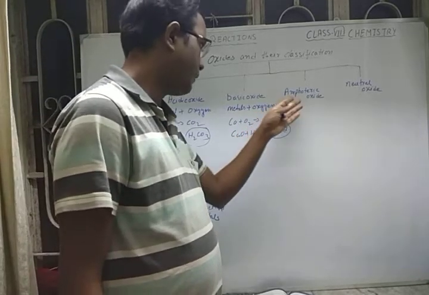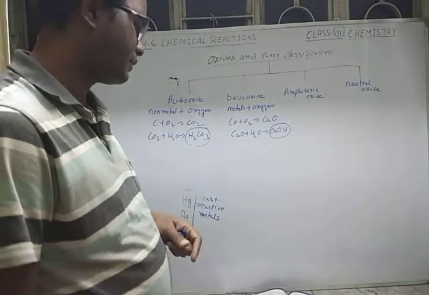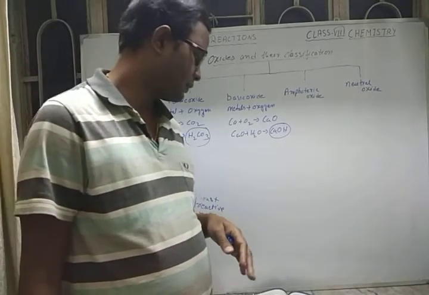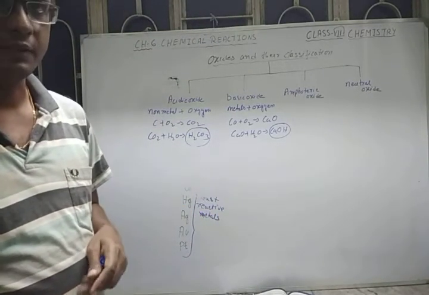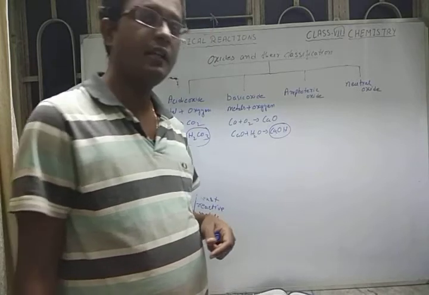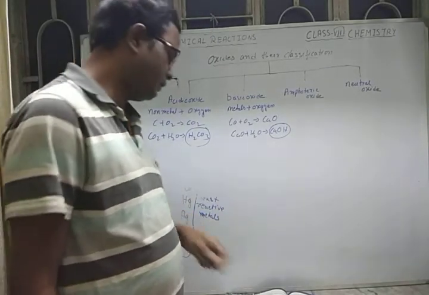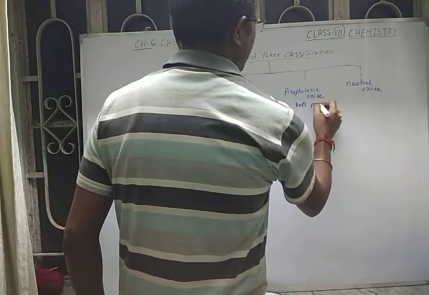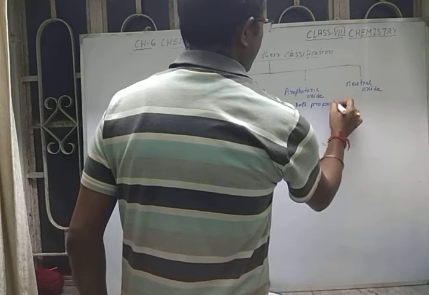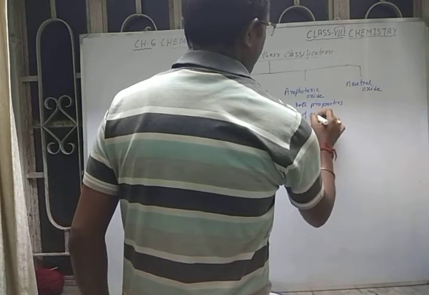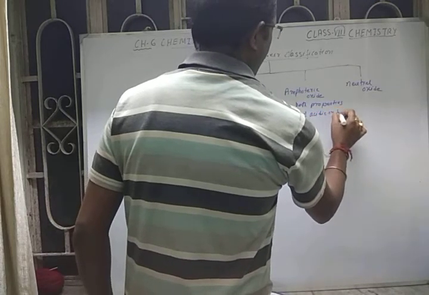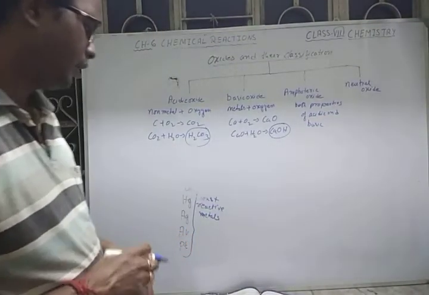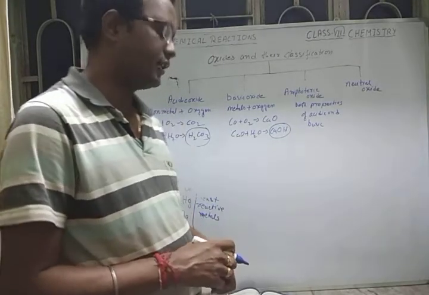After that, next is the amphoteric oxide. What are amphoteric oxides? Amphoteric oxides are oxides of some metals which show the properties of both acids and bases. They show both acidic and basic nature.